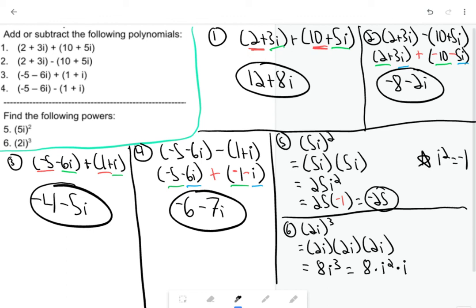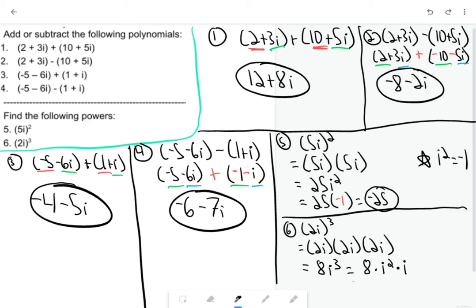I broke apart 8i cubed as 8 times i squared times i. If I multiply out 8 times i squared times i to the first, do I end up with 8i cubed? The answer is yes, because i squared times i to the first is i cubed by our rules of exponents.